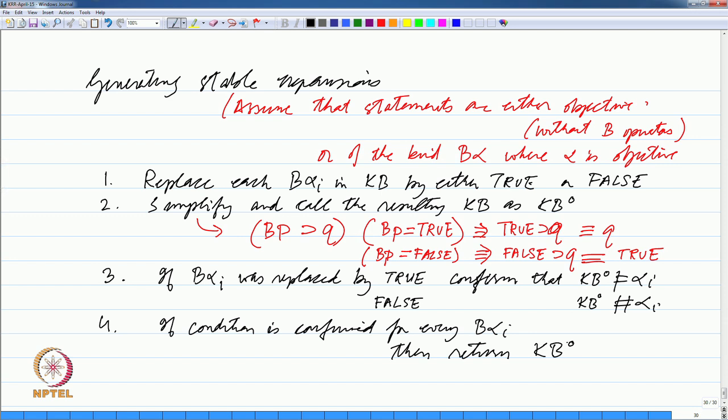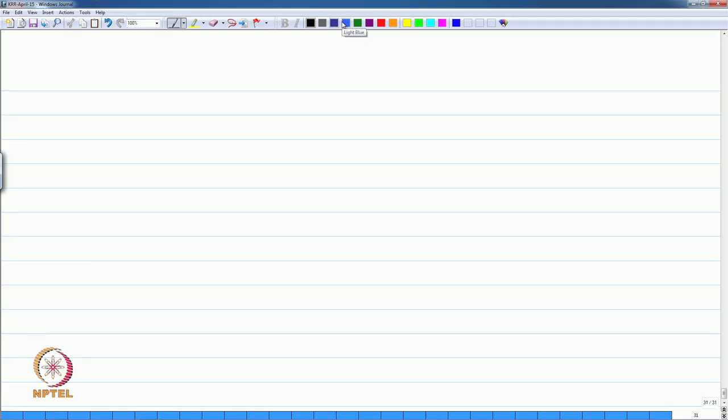So, essentially in generating the stable expansion, what we are doing is we are removing the belief statements in such a manner that we end up with a stable expansion essentially. So, either we are replacing the belief statements with true or belief statements with false, and then checking whether it is a stable expansion or not, and then replacing that. So, let us look at this example now.